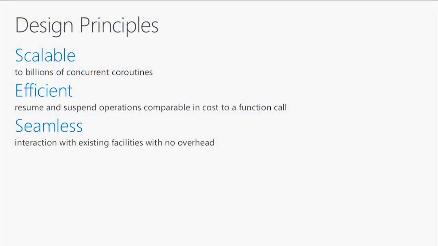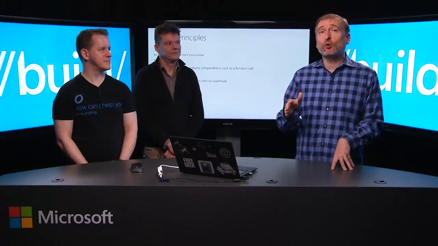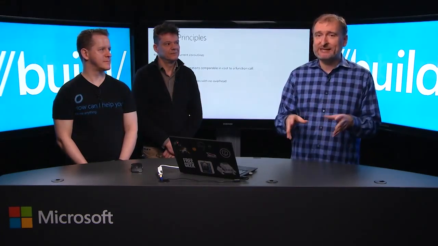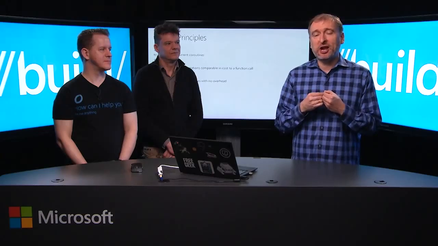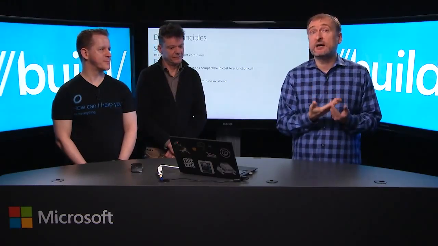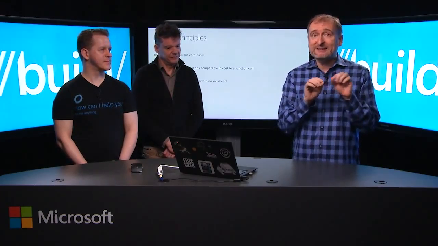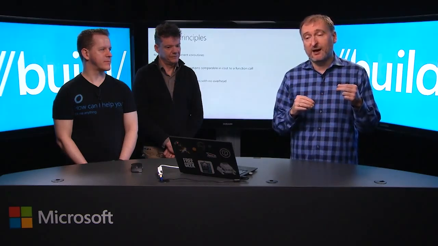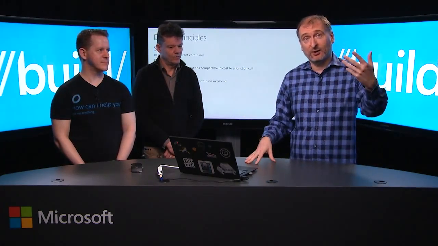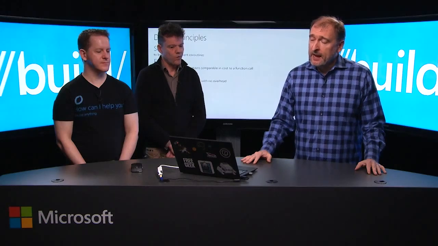Another one is that one of the properties of C++ is that it has a very nice backward compatibility story. You can interact with C legacy libraries, and we want to make sure that you can integrate coroutines on any side. For example, because we didn't change the calling convention or the function type, you can call the coroutine from C because it's a normal function, and you can put it on a DLL boundary.